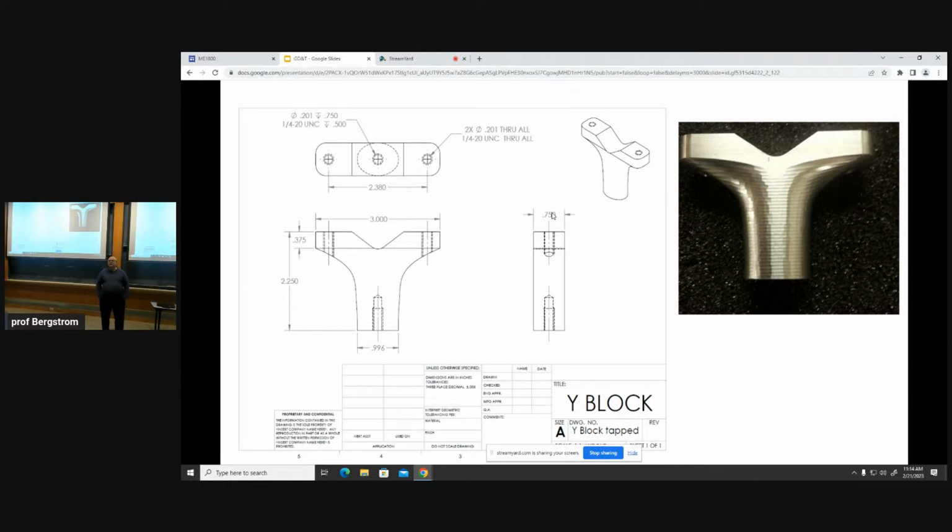So why did I, the designer, and sure, I'm the designer. I didn't make the drawing because I don't know how to do that, but I am the designer. Why did I, the designer, choose that tolerance? Right.